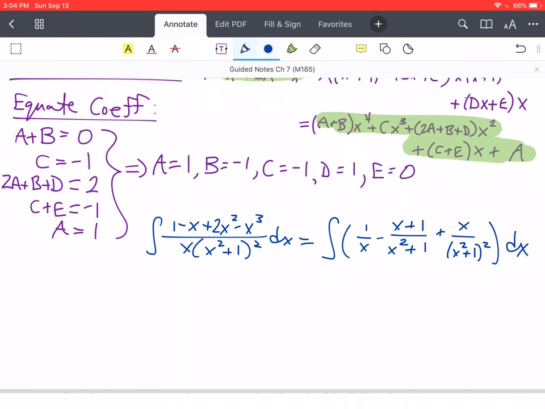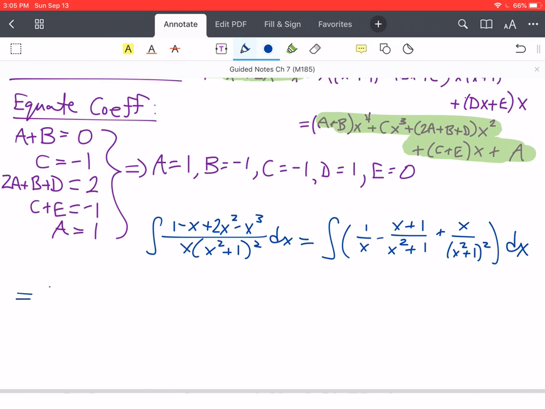Okay. So we're going to then split this into 3 separate integrals, and this middle one here I can split into 2 as well. I'm going to take the x over x squared plus 1, and I'm going to take the 1 over the x squared plus 1. So splitting that one into 2 separate integrals to make them easier to integrate.